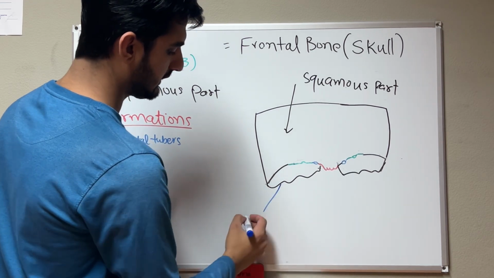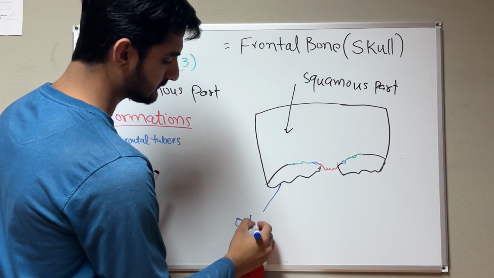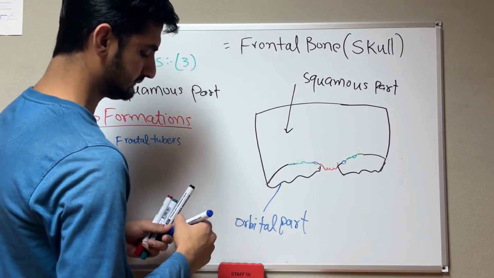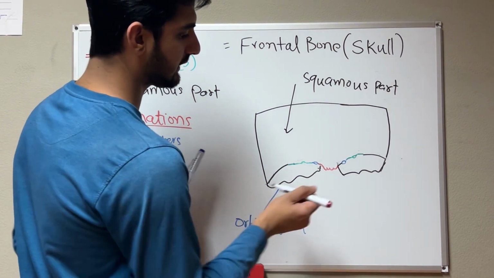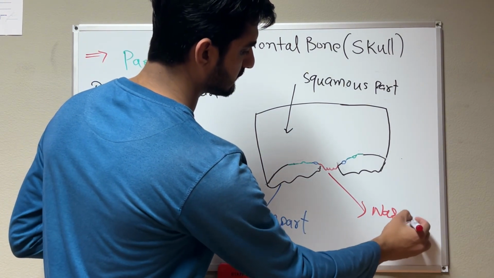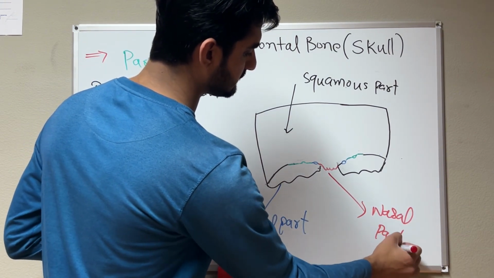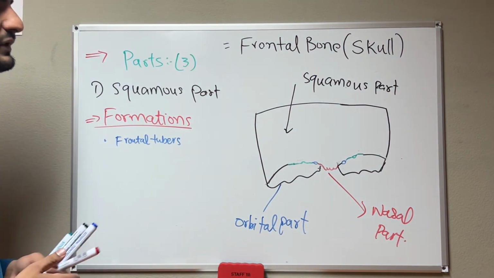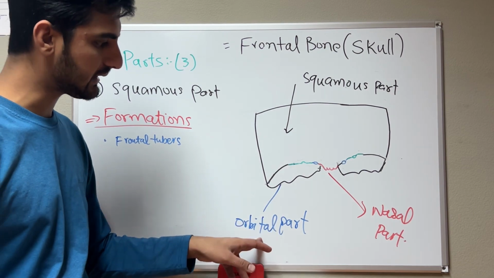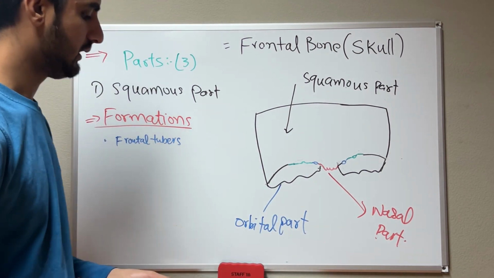This one in the orbit is the orbital part. And this, the red one, is the nasal part. These are the three parts which we discuss in the frontal bone: pars squamosa, pars orbitalis, and pars nasalis.